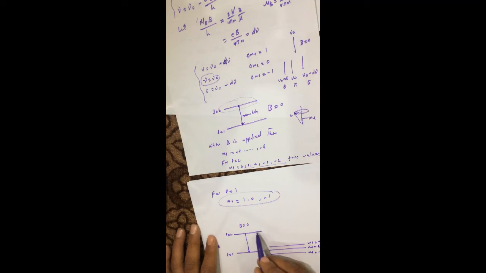Similarly, the L equal to 2 energy level also splits into 5: ml equal to 0, 1, 2, and here ml equal to minus 1, and here ml equal to minus 2.